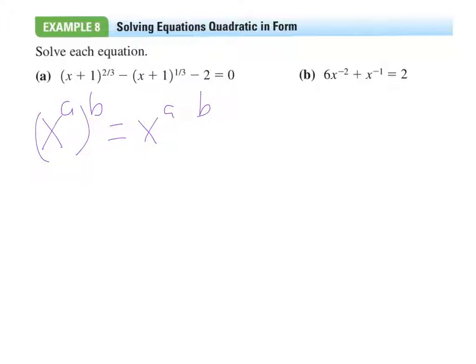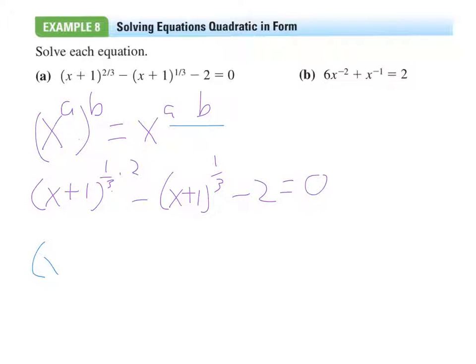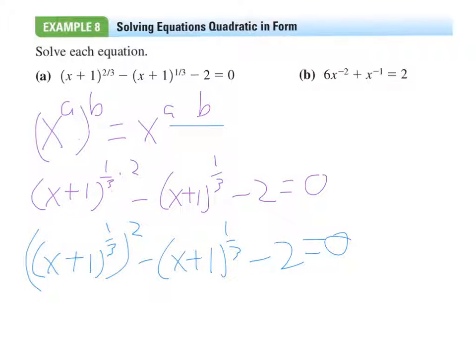So with this (x+1)^(2/3) − (x+1)^(1/3) − 2 = 0, since we have two exponents being multiplied, we can rewrite it as ((x+1)^(1/3))^2 − (x+1)^(1/3) − 2 = 0.